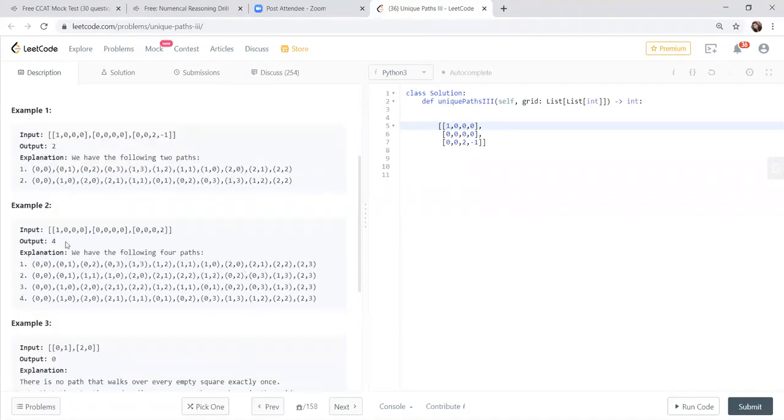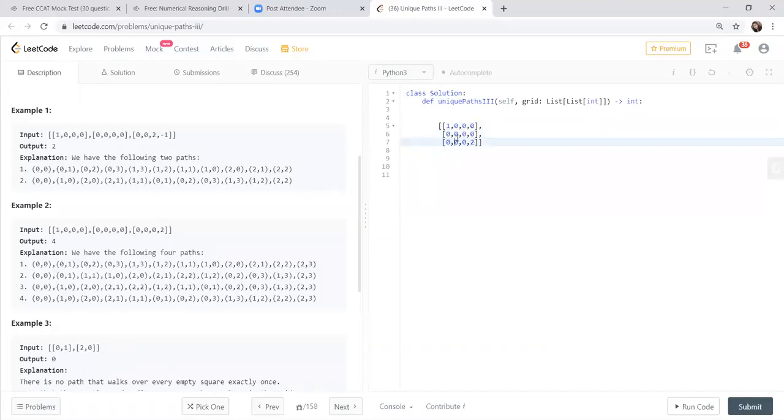Over here, this is the same question. I think the only difference is in the example. So my question is, how is it more than 2 paths? Because over here they are going in this direction and down.